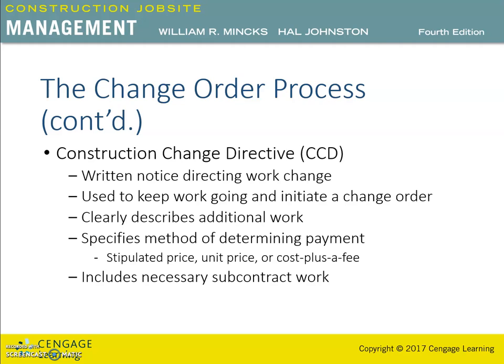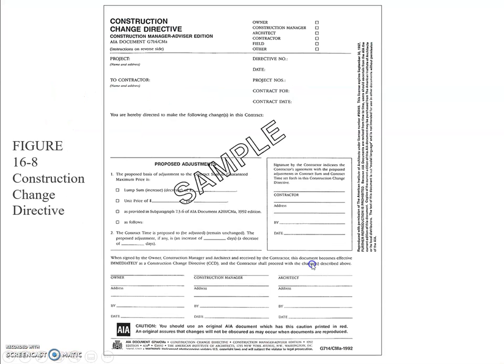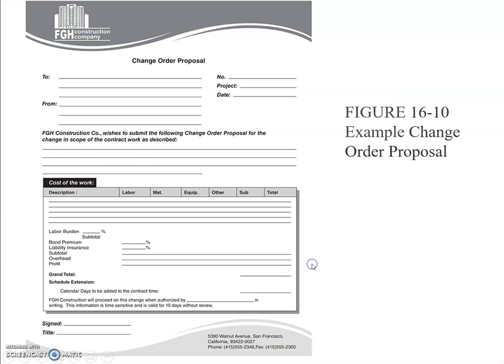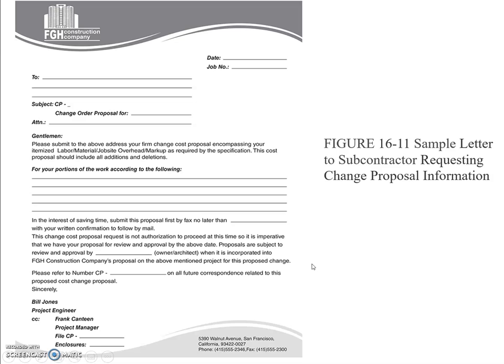As many changes affect virtually all of the work on the project, careful examination of the impact of each change is necessary. A sample letter requesting a change proposal from a subcontractor has been shown here.